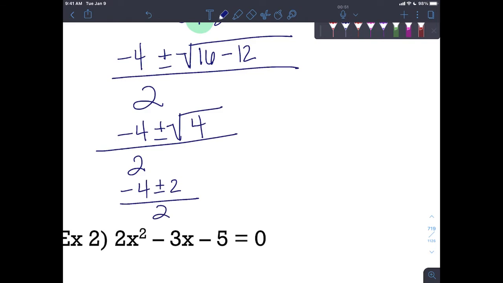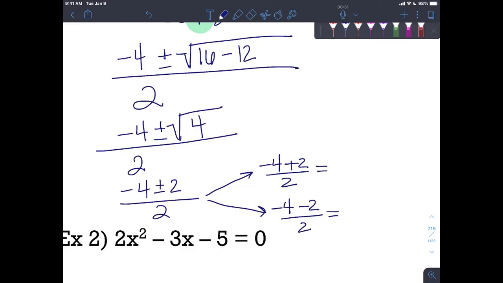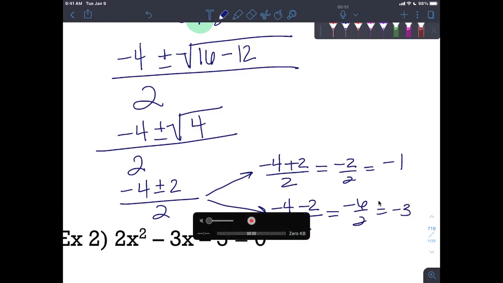All right. Now I can go ahead and split this apart. One of them is going to take the plus. One of them is going to take the minus. Now, this means that I should have a 0 located at negative 1 and 1 located at negative 3.